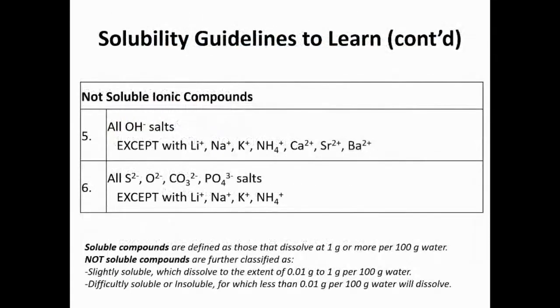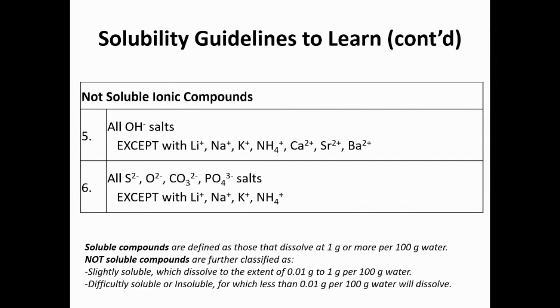We have some salts that are not soluble most of the time. The first group are the hydroxides, OH-. Almost all hydroxides are insoluble. The soluble exceptions are group 1, lithium, sodium, potassium, ammonium, NH4+, because it behaves like those, and then calcium, strontium, barium.